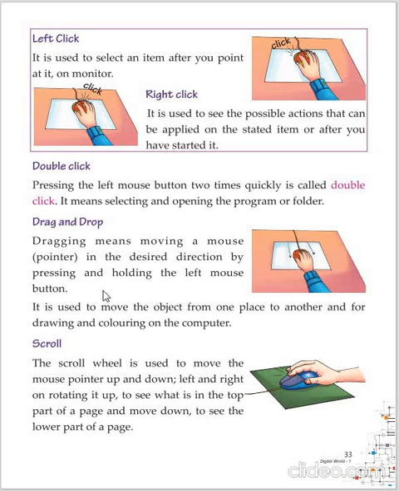It is also used to draw and color on the computer. Now scroll wheel is used to move the pointer up and down, left and right, so that you can see the entire screen properly.